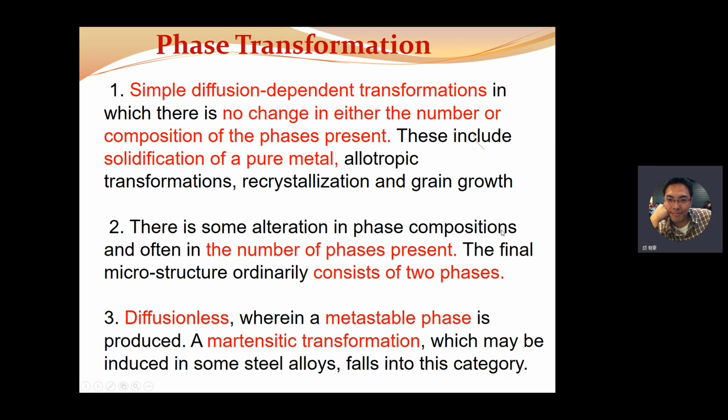And in the second type, there are some alterations in phase compositions and often in the number of phases present. But finally, the microstructure ordinarily consists of two phases. And the third type is a diffusionless phase transformation, wherein a metastable phase is produced, such as the martensitic transformation.